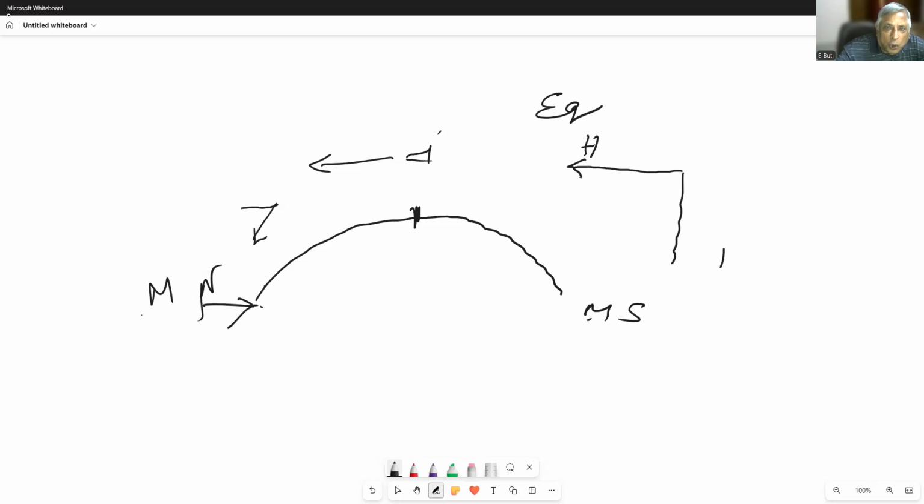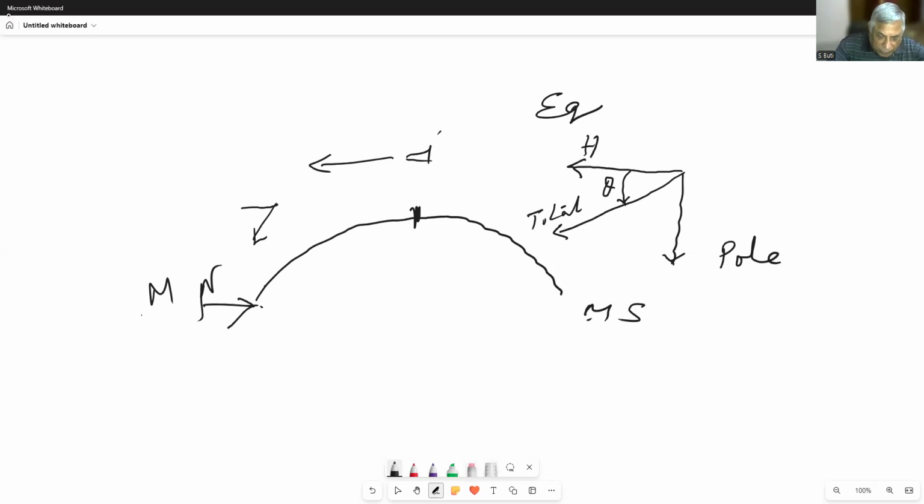At the pole, the vertical force is maximum and the magnetic needle becomes vertical. Anywhere in between, your total force acting on the magnetic needle will give you an angle of dip, theta. Sometimes they do ask you questions on this concept.